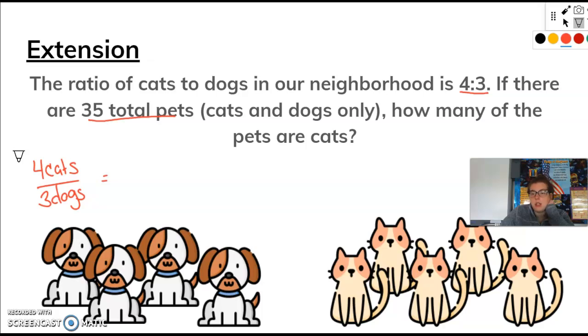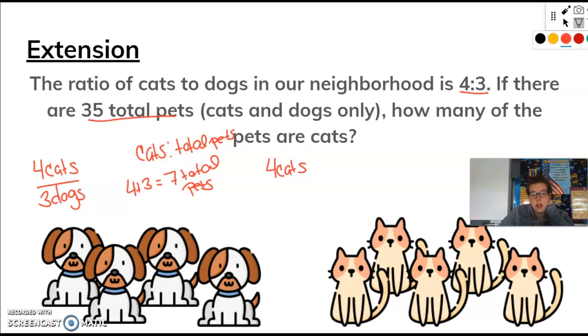So I want to know cats to total pets. So I'm going to add my 4 and my 3. So I have 7 total pets. So my part to whole ratio would be 4 cats to 7 pets.